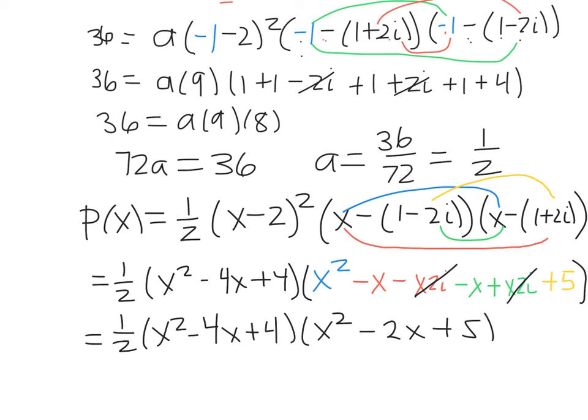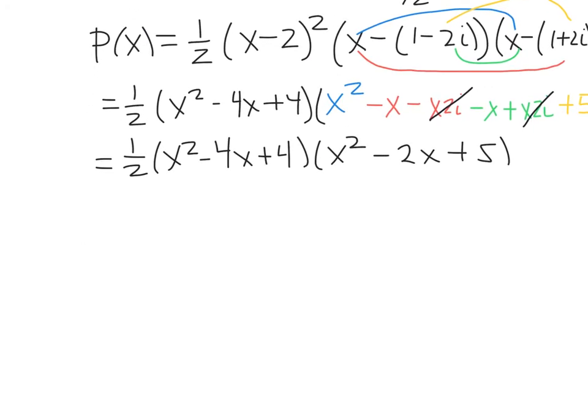All right, now we just need to multiply together those two quadratics. We're almost there. 1/2 out in front, and let's just go through x times x squared, we get x to the 4th. X times negative 2x, we get minus 2x cubed.